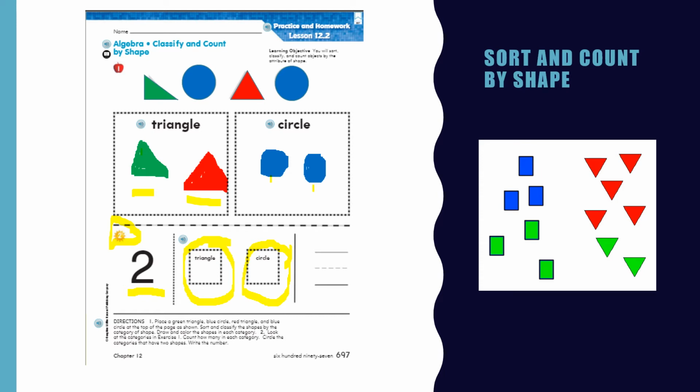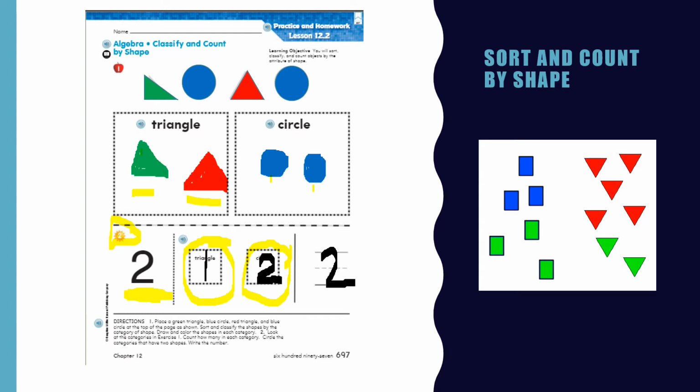How many shapes have 2 items in their box? 1, 2. We circled 2, so our answer over here should be 2.